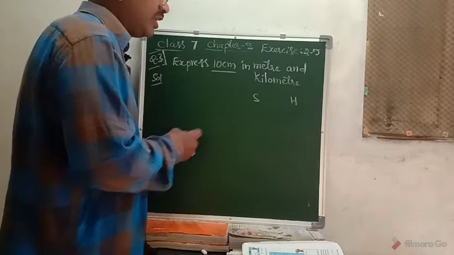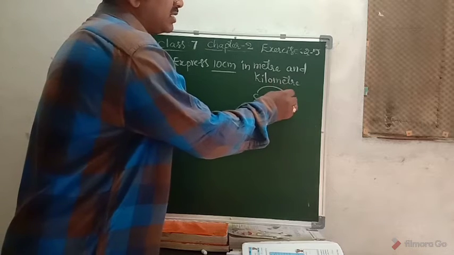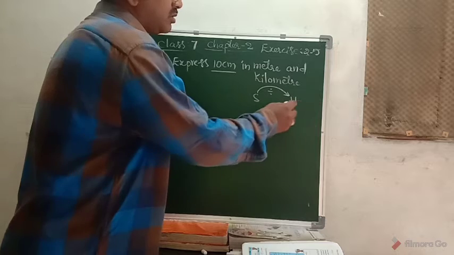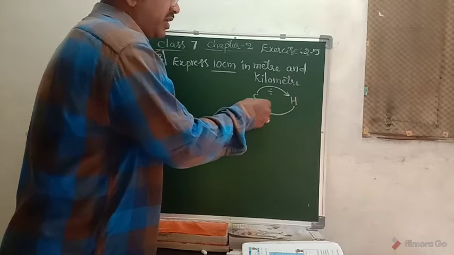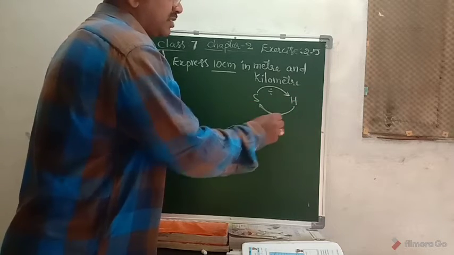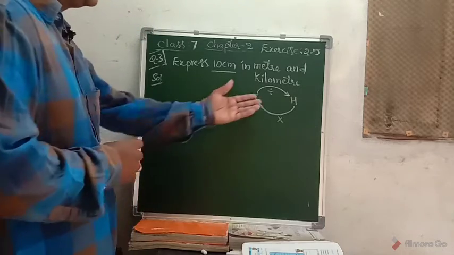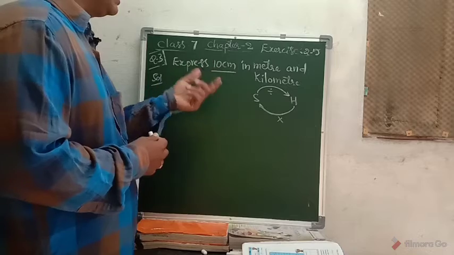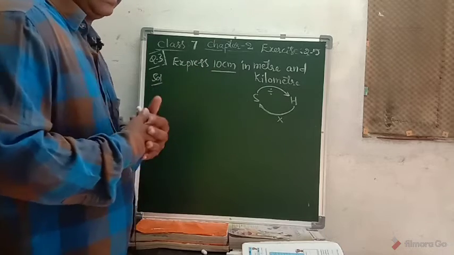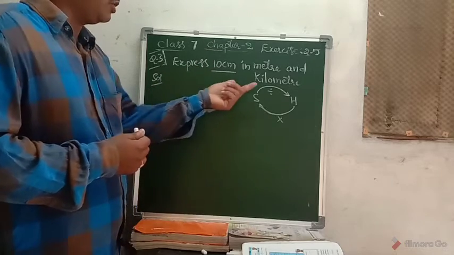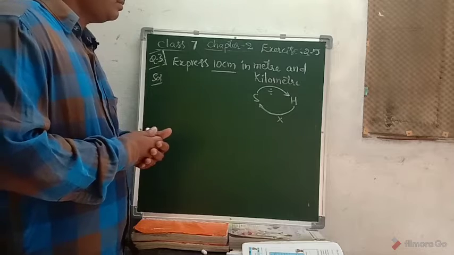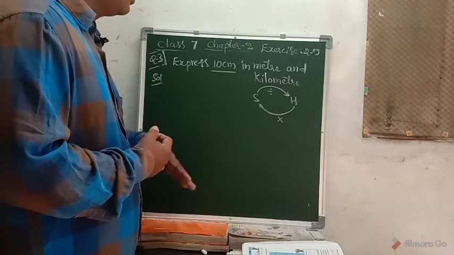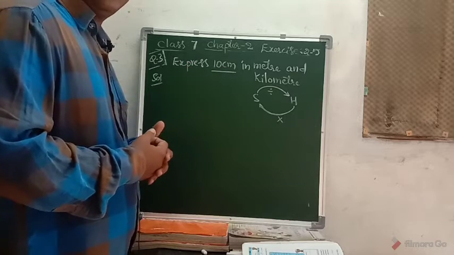To convert smaller units into higher units, we have to divide, and to convert higher units into smaller units, we multiply. So definitely we divide to convert centimeters into meters and also centimeters into kilometers.